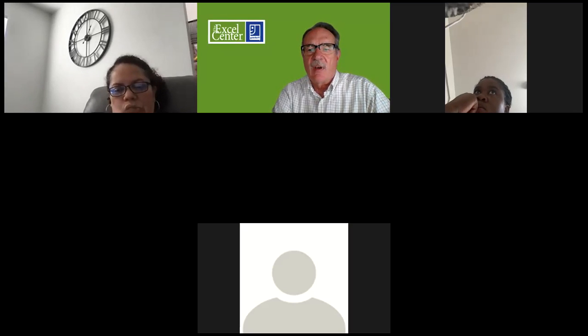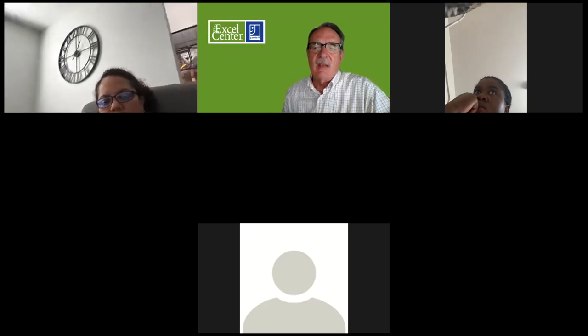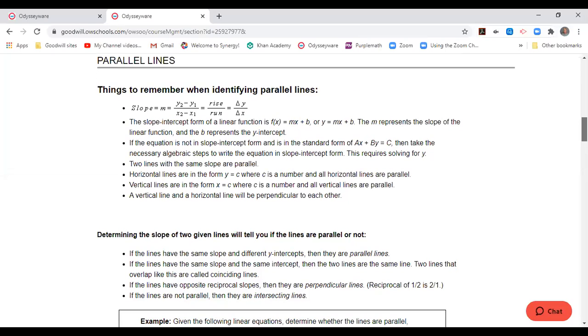Of course, if we're talking about slope, we must be talking about something that's on a graph. So with perpendicular being a special kind of intersecting lines, there's also some things that we have to know about parallel lines.